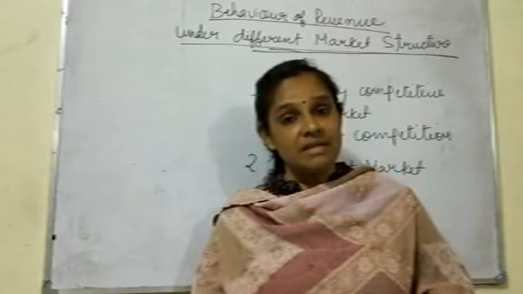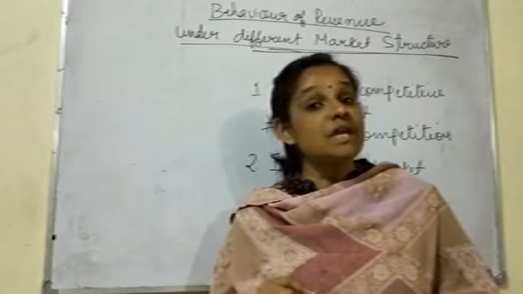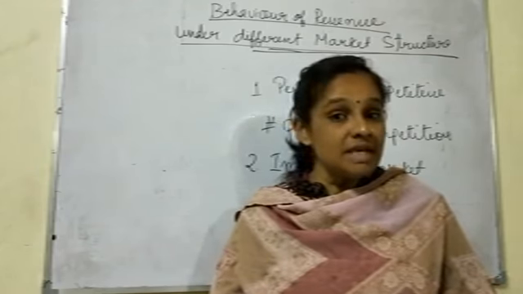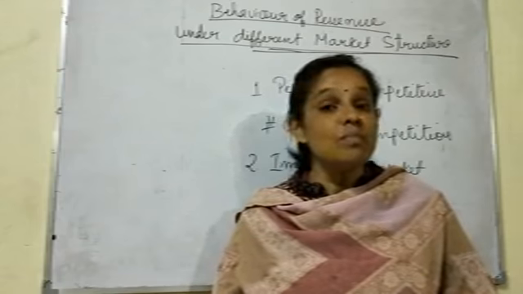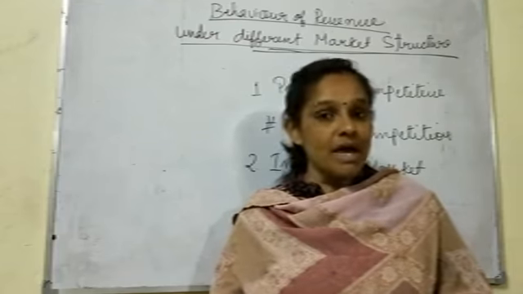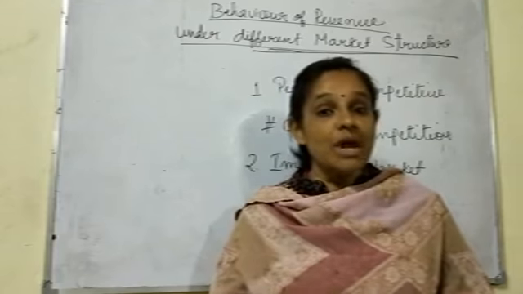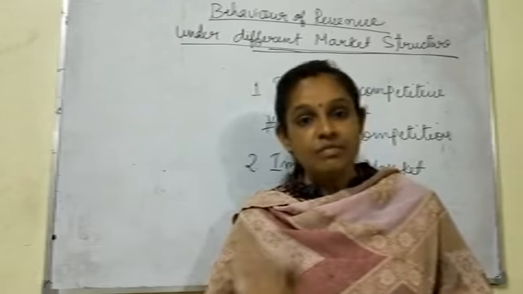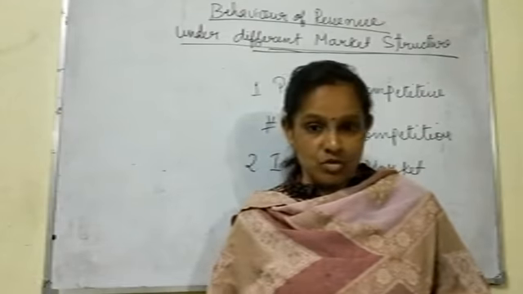Why? Because they are selling a commodity which is homogeneous in nature and there is too much competition among each seller. That is why they don't decide the price of their own commodity. They take the price of the commodity which is given to them by the industry.